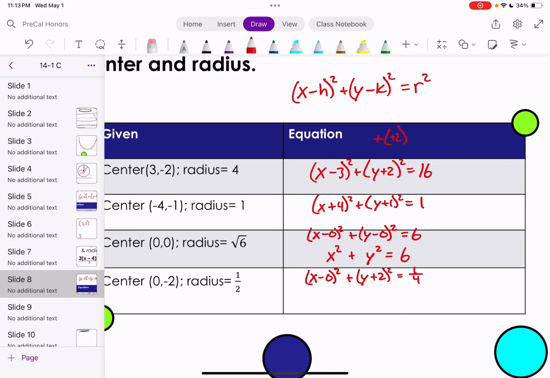Now, something to keep in mind is that when we're working with a fraction and we're getting 1/2 to the second power, we are actually looking at 1 squared over 2 squared, which is 1/4. Now, this can also be written as x squared plus y plus 2 squared is equal to 1/4.